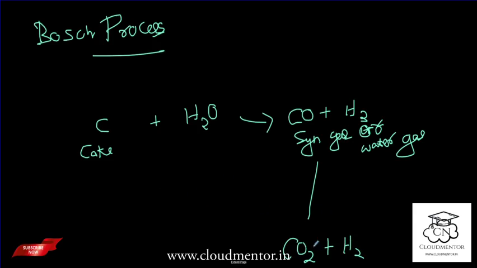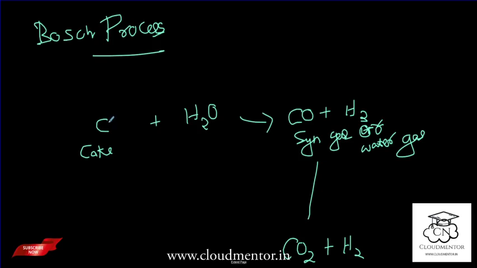And the CO2 is removed either by washing under pressure of 25 to 30 atmospheres, or by reacting with KOH, which is an alkali. And that was the reaction.